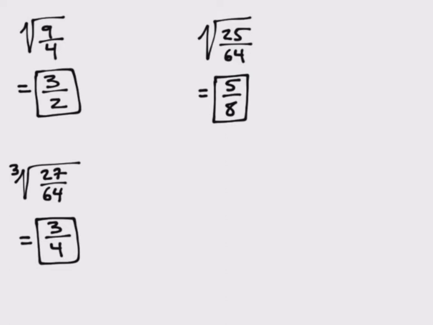Now if we look at the first example, the square root of 9/4, all we really had to do was find the square root of 9, which is 3, and the square root of 4, which is 2. In our second example, all we needed to do was find the square root of 25, which is 5, and the square root of 64, which is 8. And in our last example, all we needed to do was find the third root of 27, which is 3, and the third root of 64, which is 4.